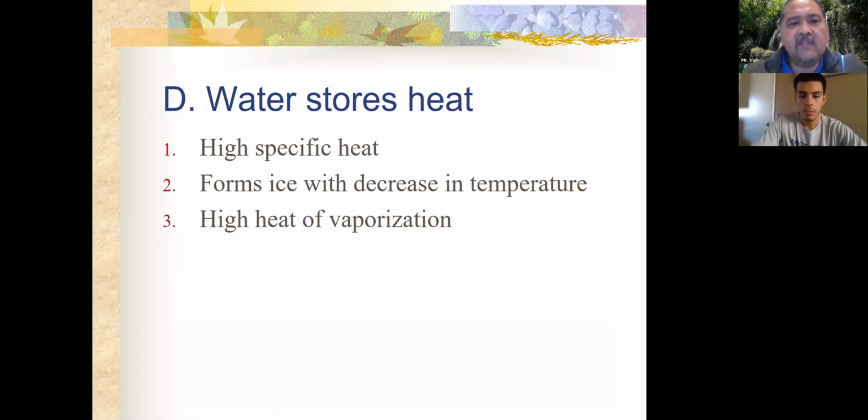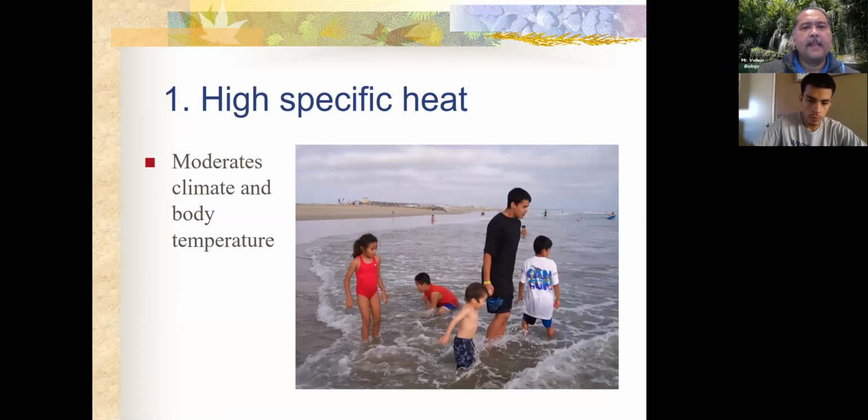High specific heat, heat of fusion that forms ice, and high heat of vaporization. Now, high specific heat is a definition in chemistry. We say that the specific heat of a chemical is the amount of energy required to raise the temperature of 1 gram of the material by 1 degree Celsius.